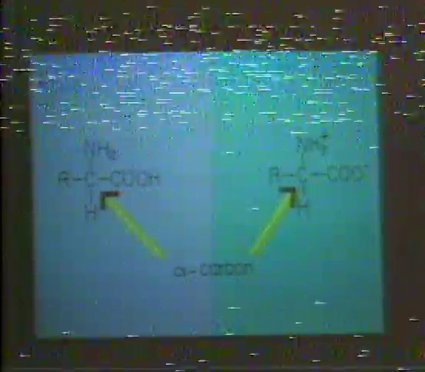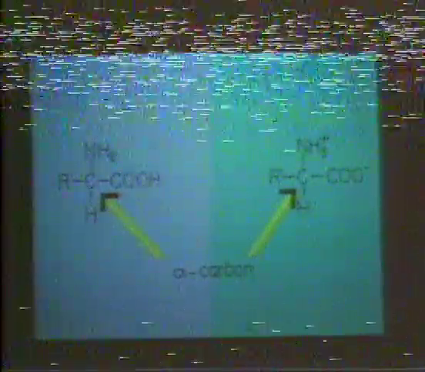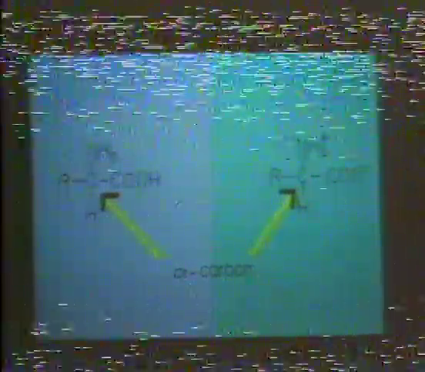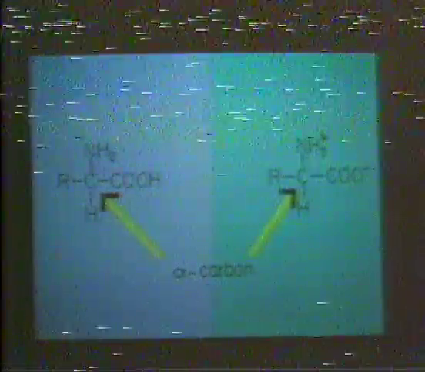of the L configuration. The L configuration is that structure which is related in the arrangement of the groups to the carbohydrate L-glyceraldehyde. Another feature on this slide is indicated by the R portion, the generalized portion of the amino acid, which is represented by R for any kind of a radical.